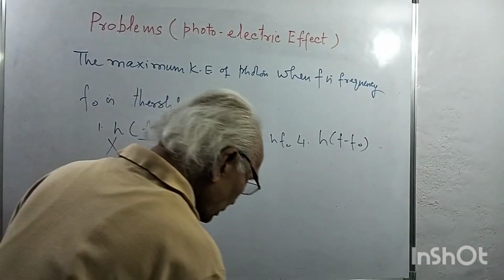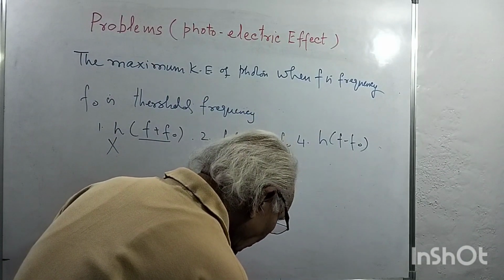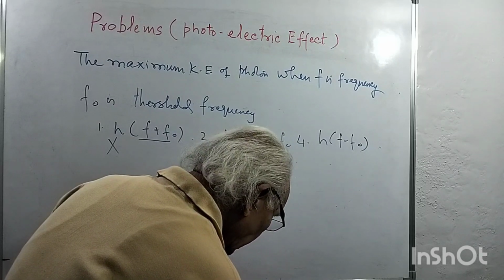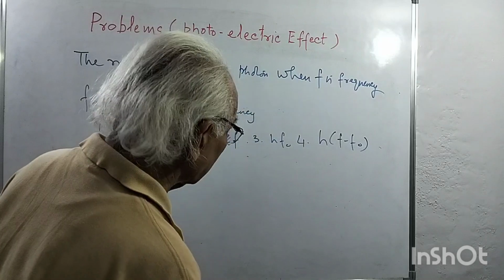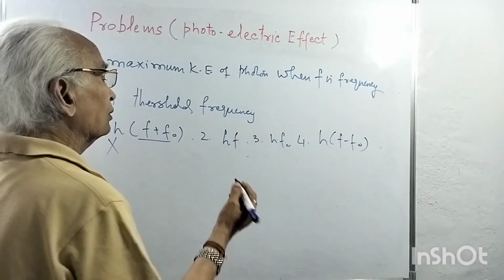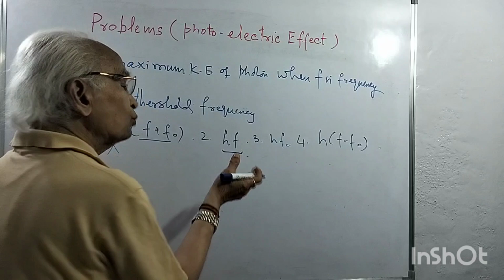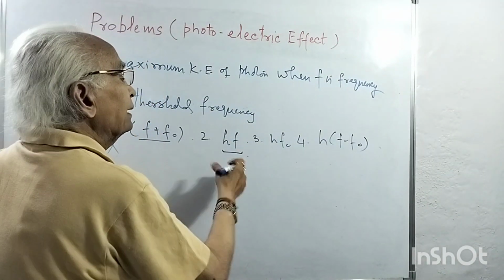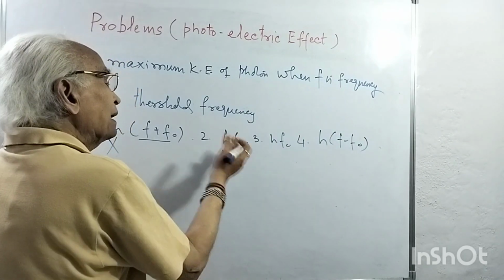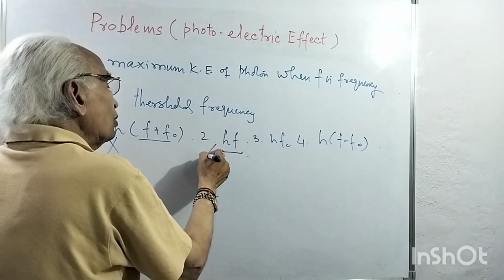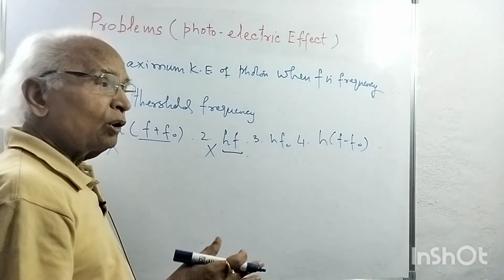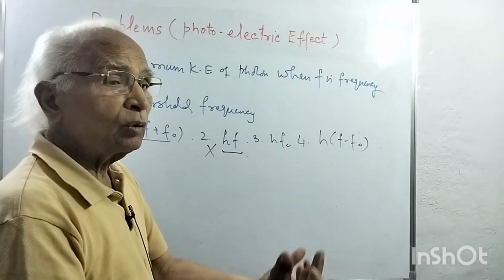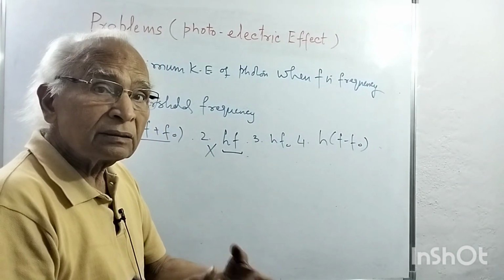hf is the photon energy of frequency f incident on the metal with threshold frequency f naught, and we need the maximum kinetic energy of the emitted photoelectron. So hf was the total energy supplied to the metal plate, and then electrons come out. The ejected electron will definitely have less energy than the incident photon.